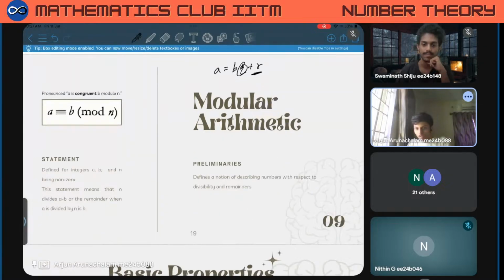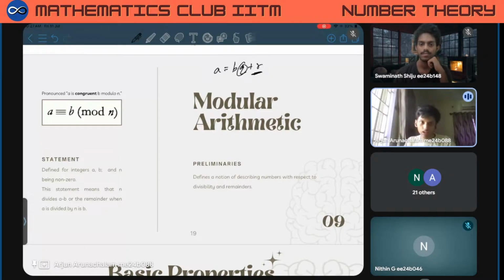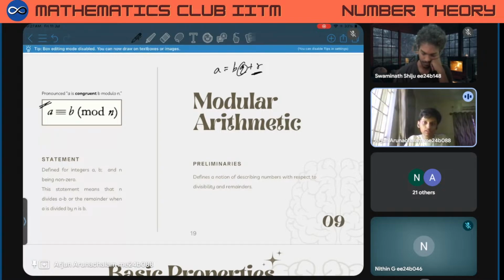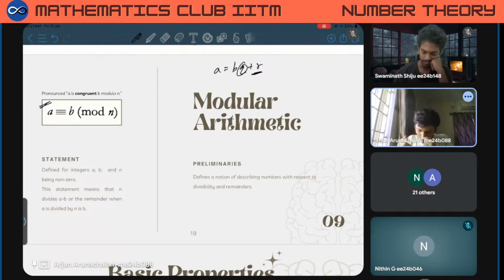The basic statement in modular arithmetic is that a is congruent to b modulo n. This is how you write it, and you pronounce this as a is congruent to b modulo n. First of all, it's defined for integers, so we are not going to use something like a is 4.8, b is 1.2.